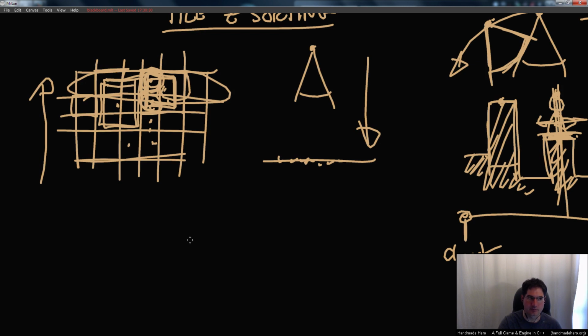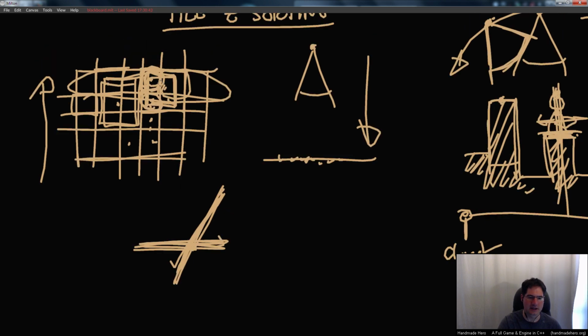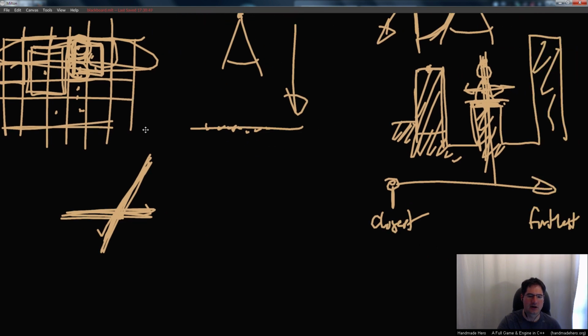We could think about the sort as something that takes into account the way things extend, like the actual planes, and looks at which one should be the correct one, which order of drawing these things should be the correct order.